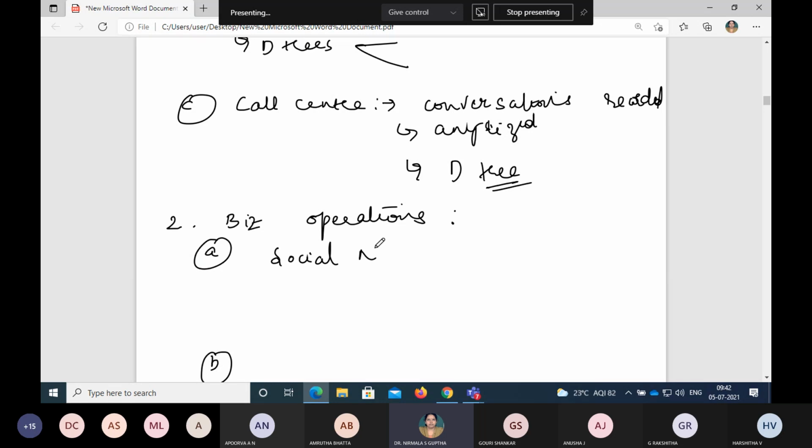Social network analysis is placed as one of the data mining or text mining techniques, and it can be applied on emails we receive from customers, clients, stakeholders or end users.